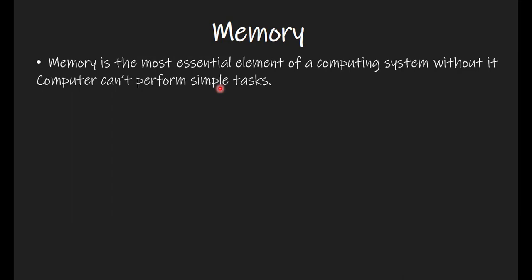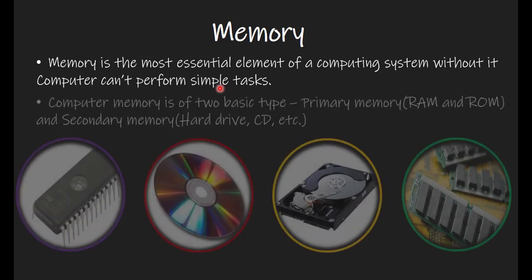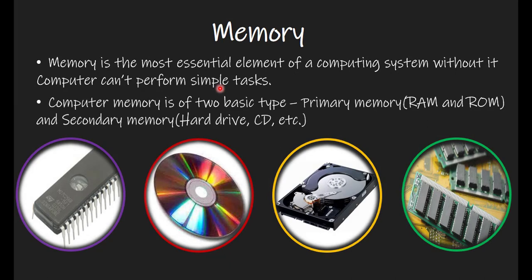Without it, a computer cannot perform simple tasks. Memory is divided into two parts. The first one is primary memory that includes RAM and ROM, and the second one is secondary memory that includes hard drive, CD, pen drives, floppy. Let's discuss all of them in detail one by one.